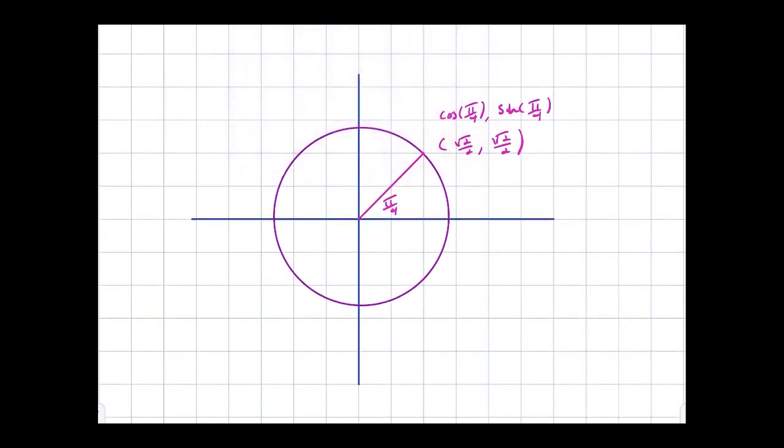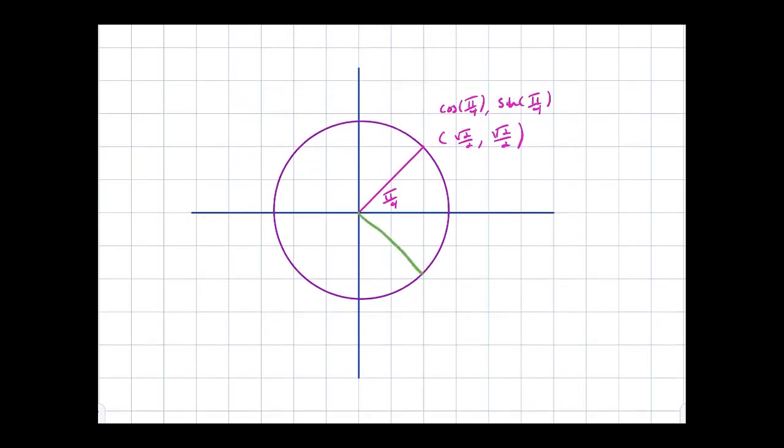And since I know that cosine is the x and sine is the y, I can achieve that result by putting it either here, pi over 4, when I'm in the fourth quadrant, below the x-axis, so the sine, the y, will be negative, and to the right of the y-axis, so the cosine, the x, will be positive.